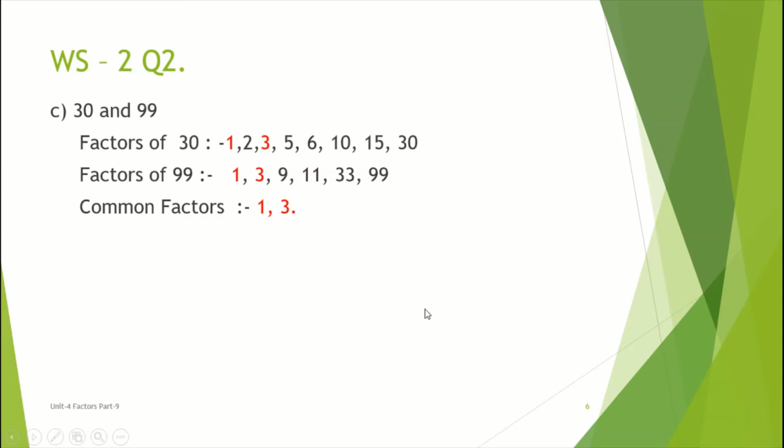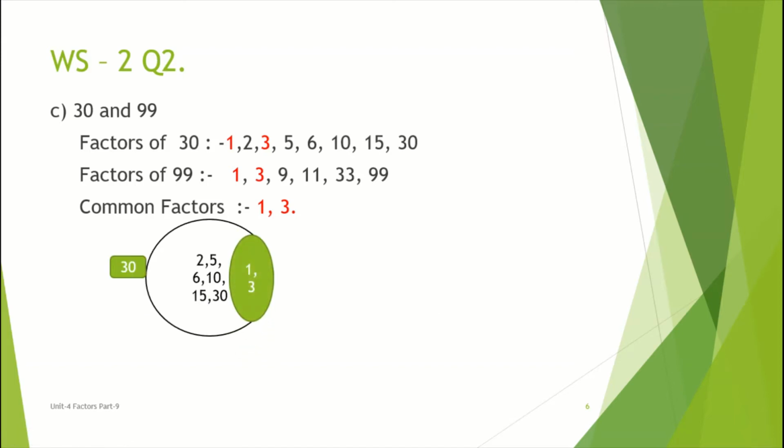Now we will place the common factors in the shaded part, and the other numbers, that is the uncommon numbers, we will put in the non-shaded part. So here we go, see 1 and 3. These are the common factors, so I have put the common factors in the shaded part. Now the non-common factors of 30, that is 2, 5, 6, 10, 15 and 30, I will place in the circle of 30.